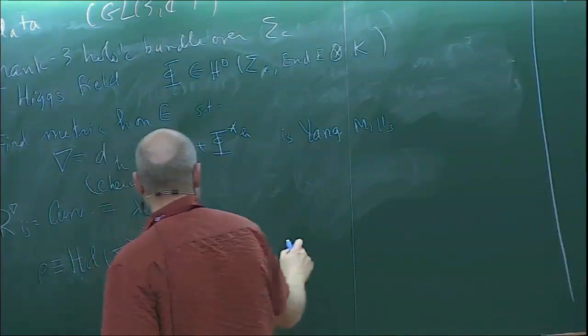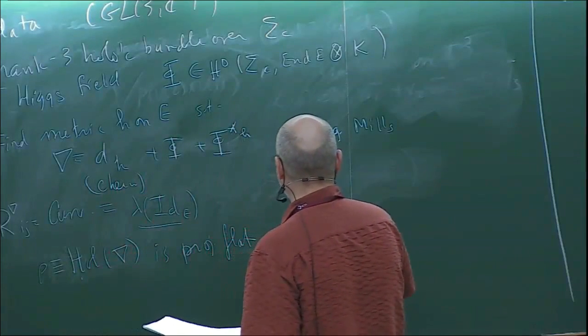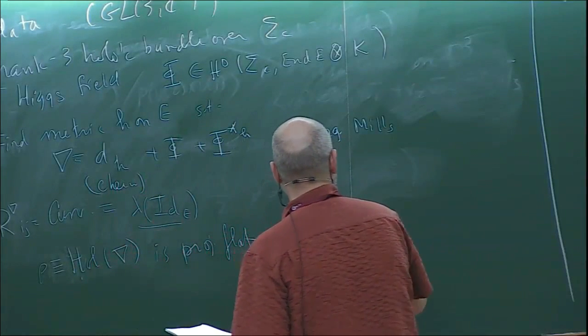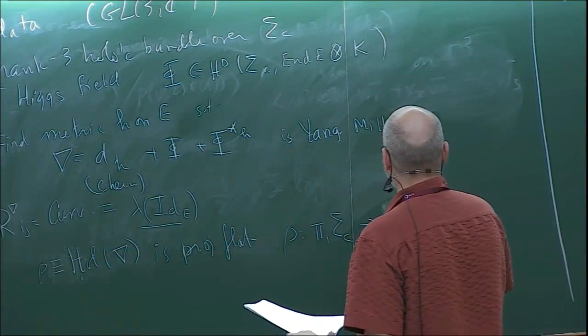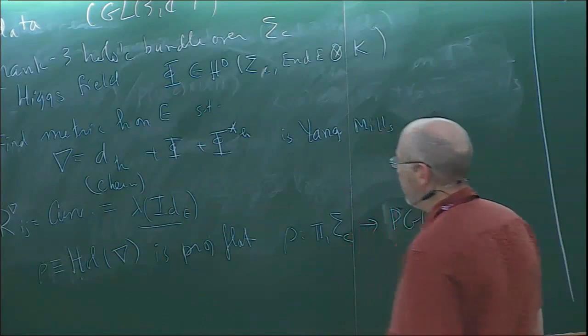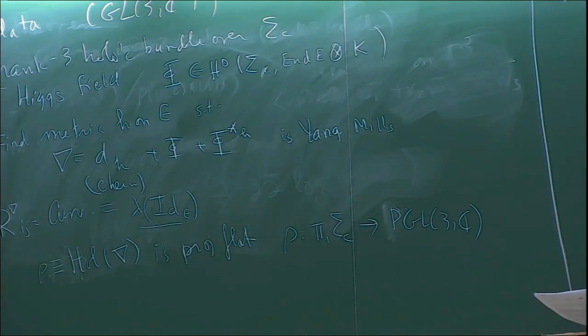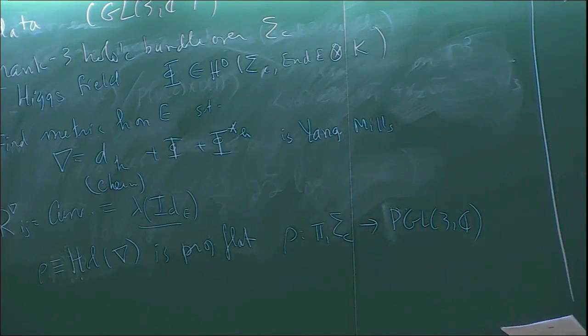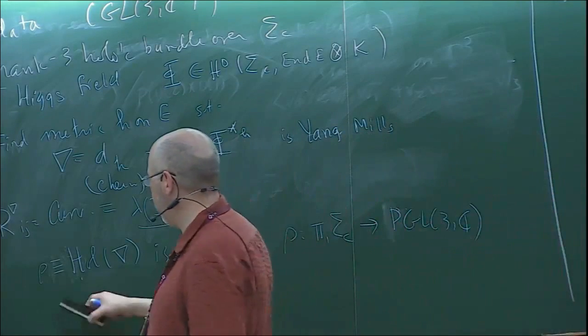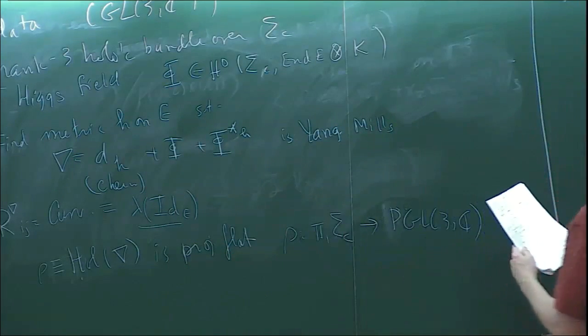So let's say rho is going to be a representation from pi 1 of the surface into PGL3C, naturally. Okay. And of course, if this were actually flat, then you'd get GL3C. But in general, this is not what you get without some extra data.